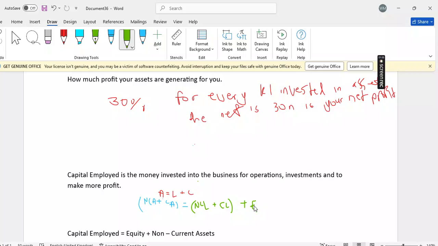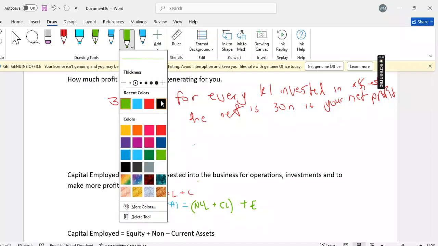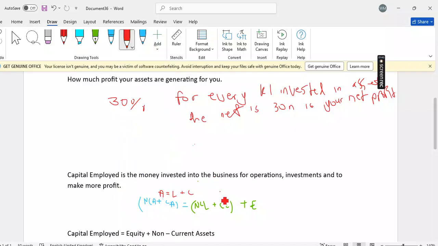So what we are basically doing here is taking the current liabilities over the equal sign where the assets are.